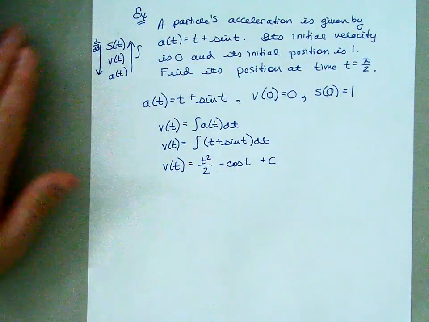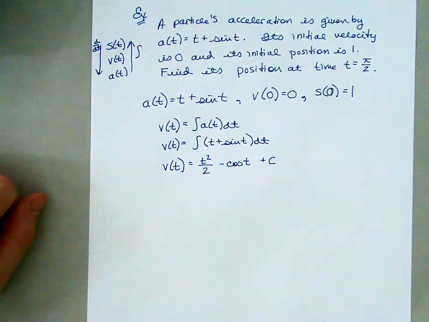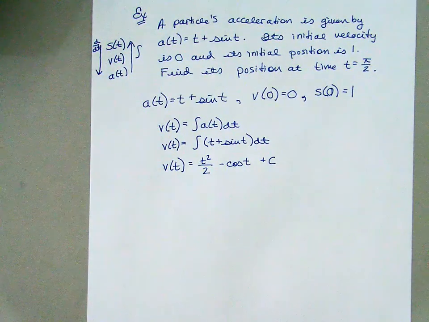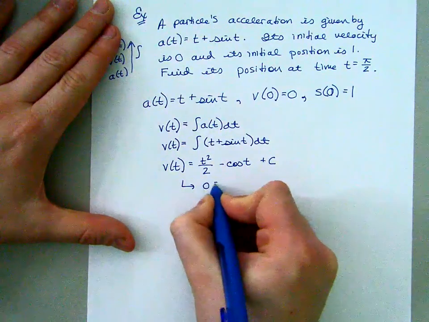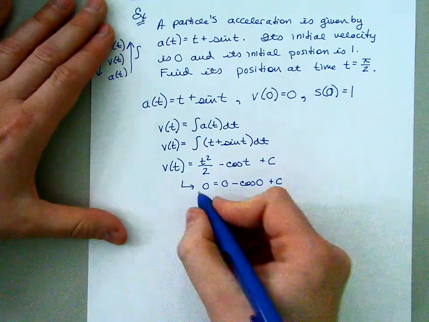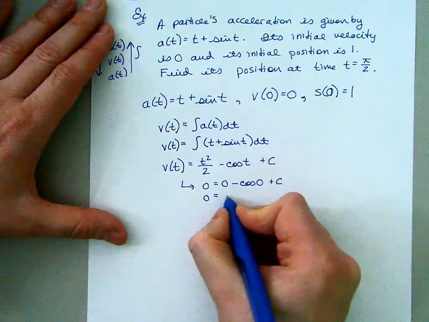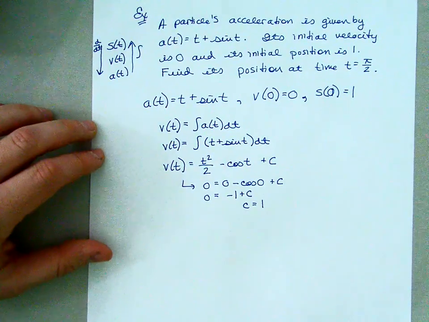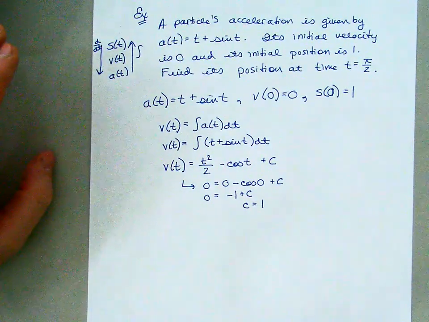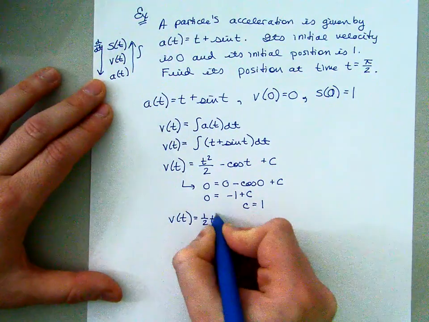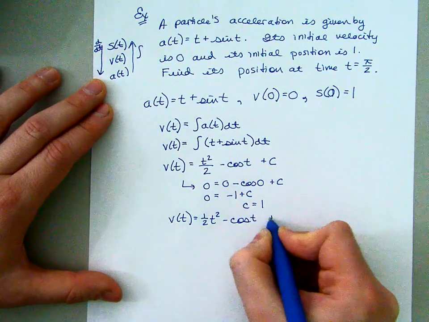You should have this for your velocity. And you now need to take just a moment and figure out your c value. Does 1 sound about right? Yep. So the velocity should be 1/2 t squared minus the cosine of t plus 1.